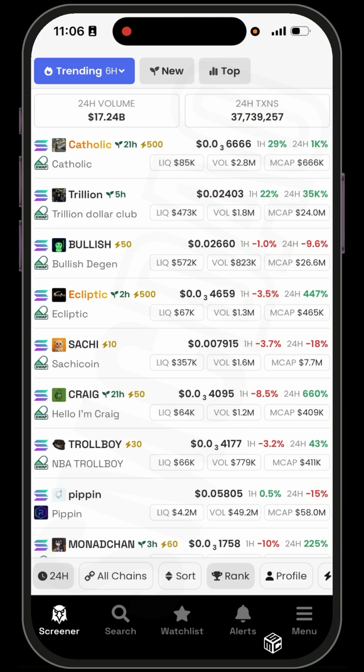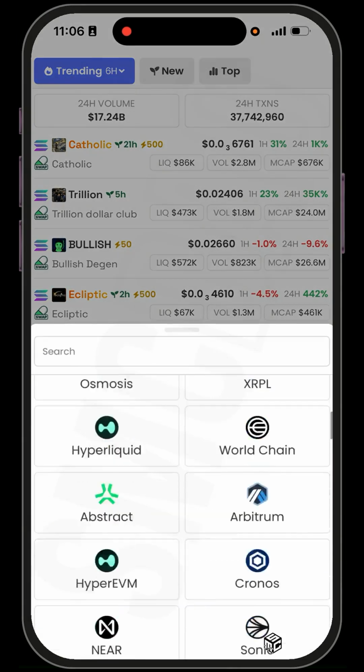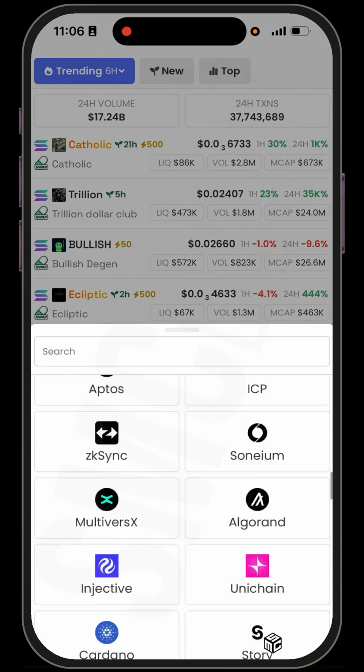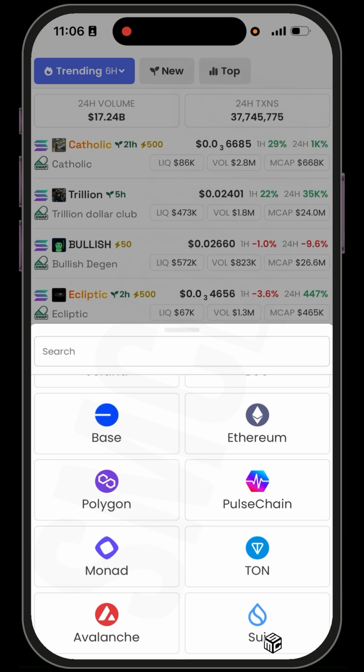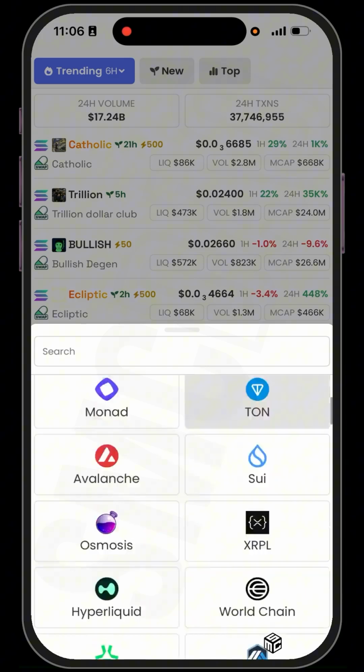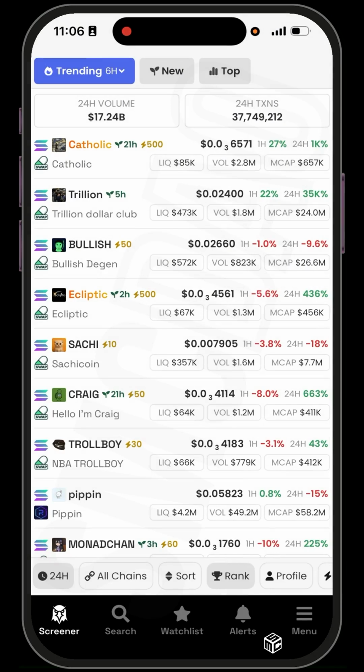So when you open Dex Screener like this, you could select a chain you like, Base, Ethereum, Solana, just by clicking all chains. And you can now see the chains here: Base, Solana, BSC, Ethereum, Polygon, Pulse Chain, Ton, Monad, Avalanche, Sui, and a lot of other chains, because each chain has unique tokens and early opportunities.